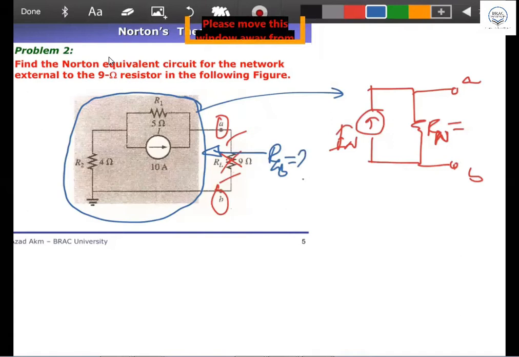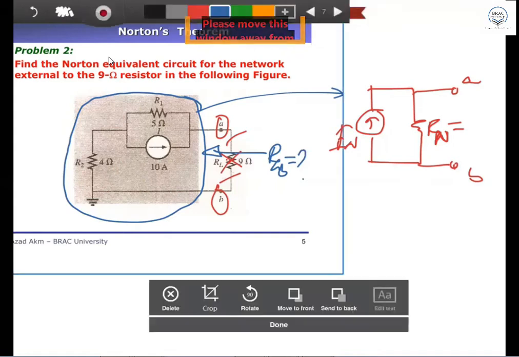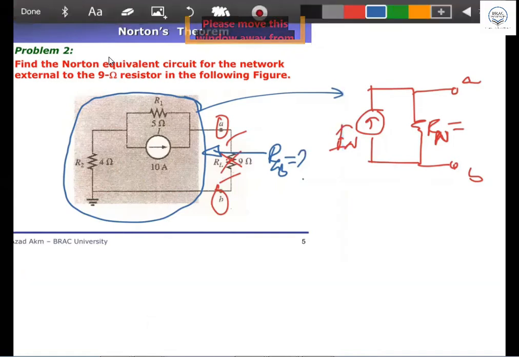How to deactivate it? Short circuit. Open circuit. Good. If you say short circuit, then your brain shorted. Now open circuit. So you just cut it. Open circuit means you just cut it, take it off. Then there is no connection here. In that situation, anybody can tell me RAB equal to what? 5 plus 4, R1 plus R2.